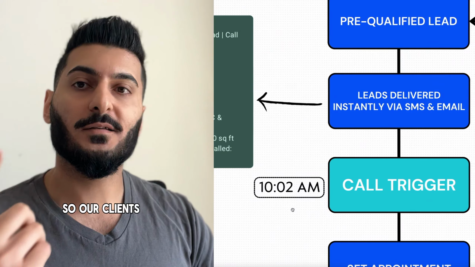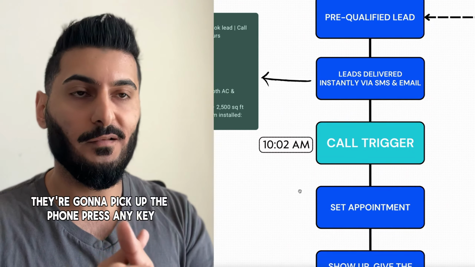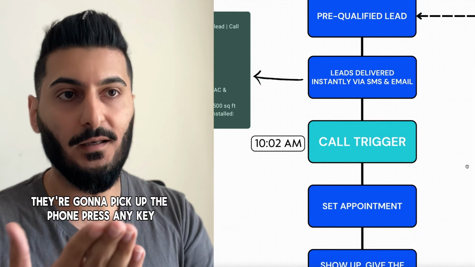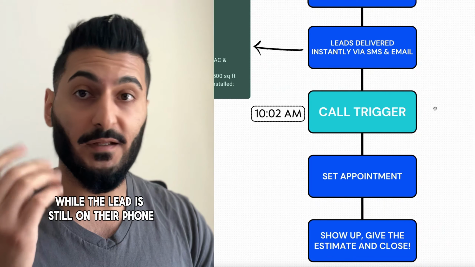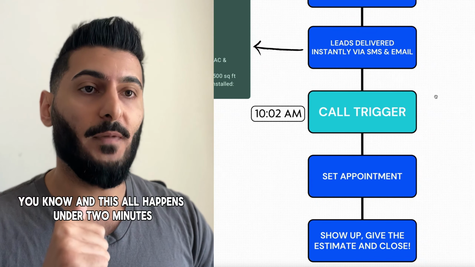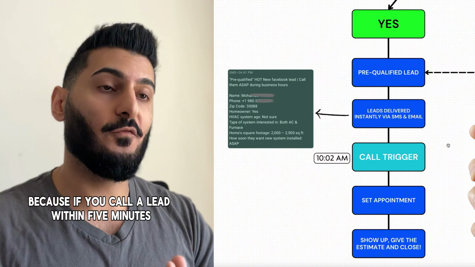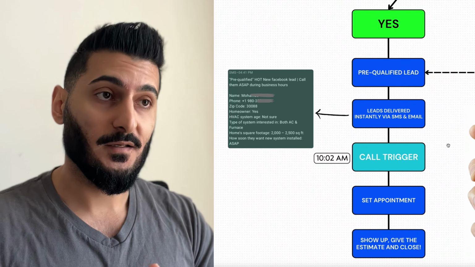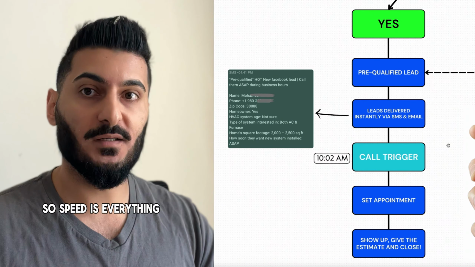So our client's front desk, or whoever is handling the phone, their phone is going to ring. They pick up the phone, press any key, and they immediately connect to the lead while the lead is still on their phone. And that's the key, because if you call a lead within 5 minutes, you're 21x more likely to book that appointment. So speed is everything.